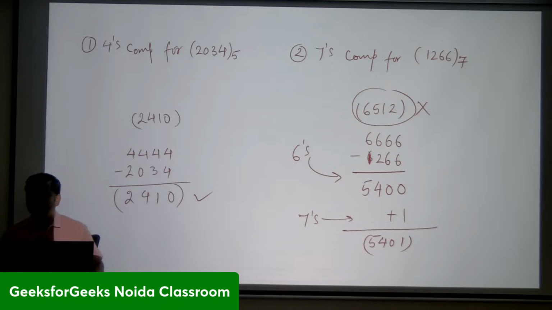Or what we can do, we can simply apply 7 to the power 4 minus 1266. Try it. You have the calculator, just try it. Compute 7 to the power 4 minus 1266.